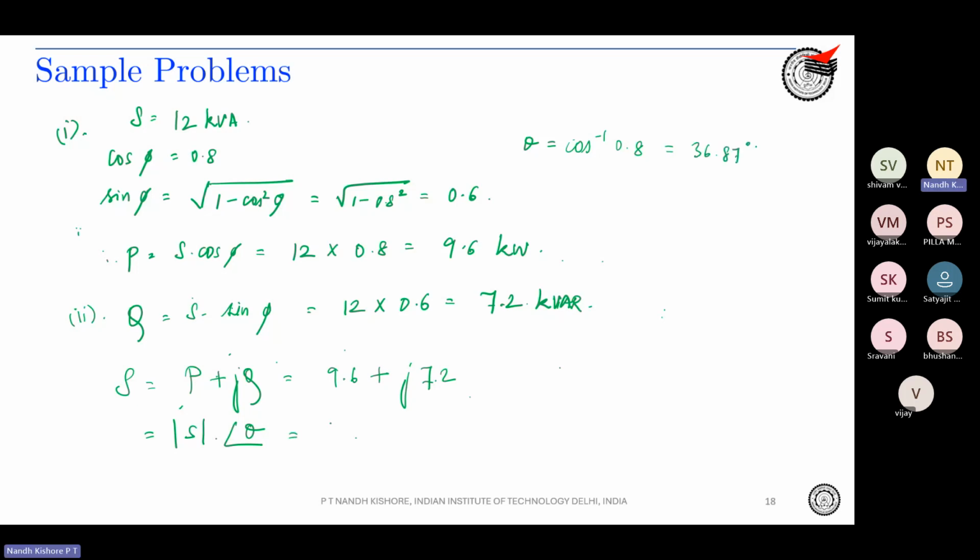So S is 12 kVA at an angle of 36.87 degrees. This is my apparent power.